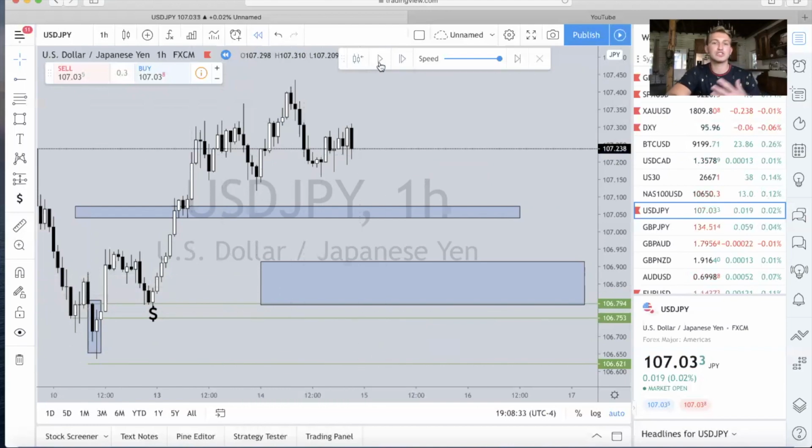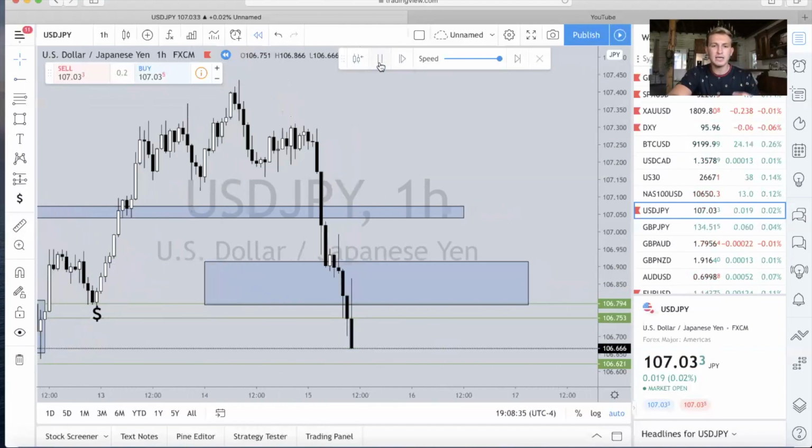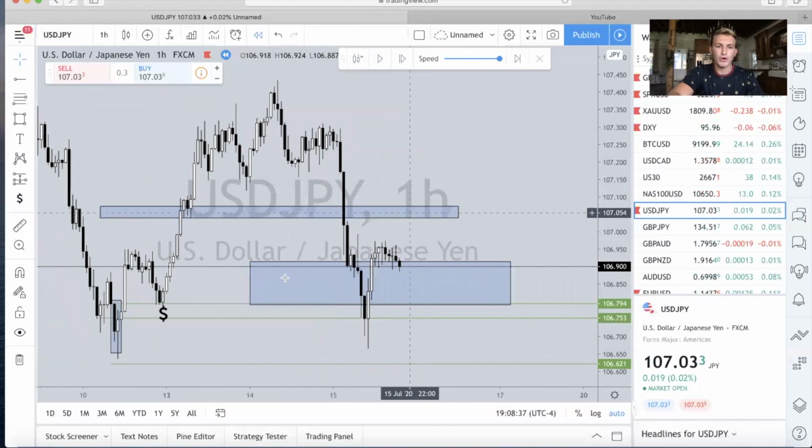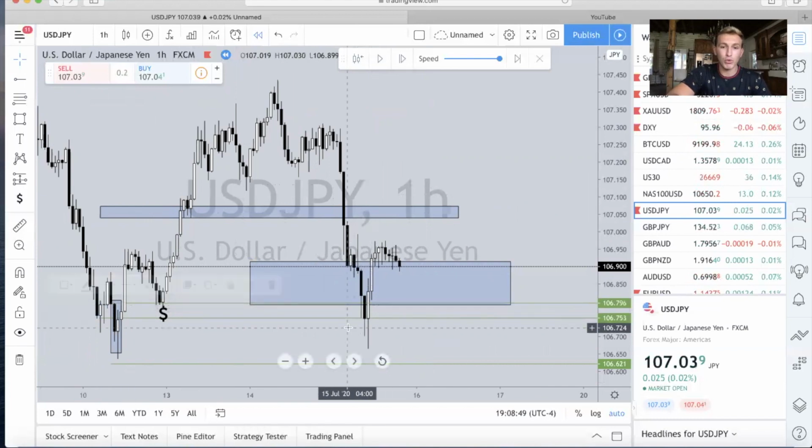Let's just play this out real quick so you guys can see exactly what happened. The market shot down very quickly, and like we predicted, it went below the lows. It came into the order block and tapped the 88.6. It never really broke through completely. It did break and close, but the candle after that immediately came back up and closed right back in it.